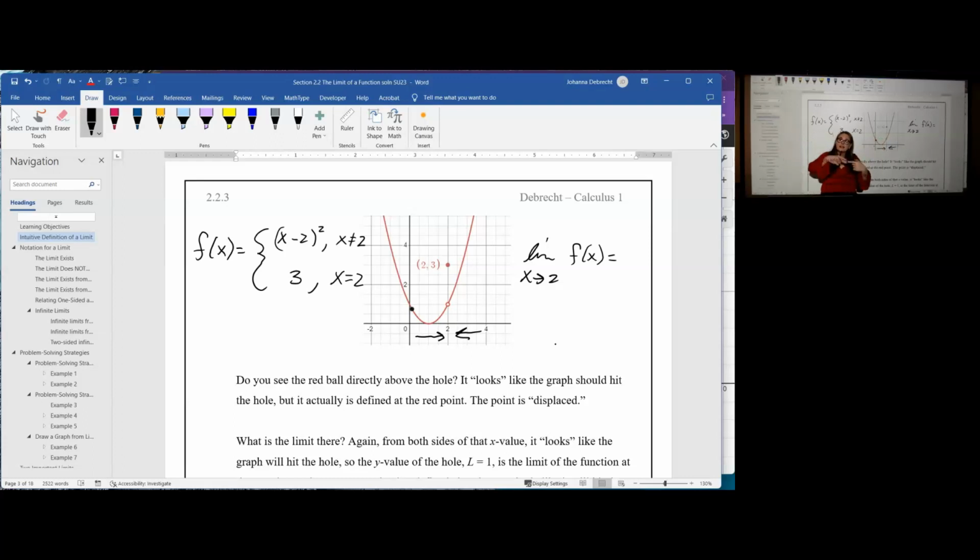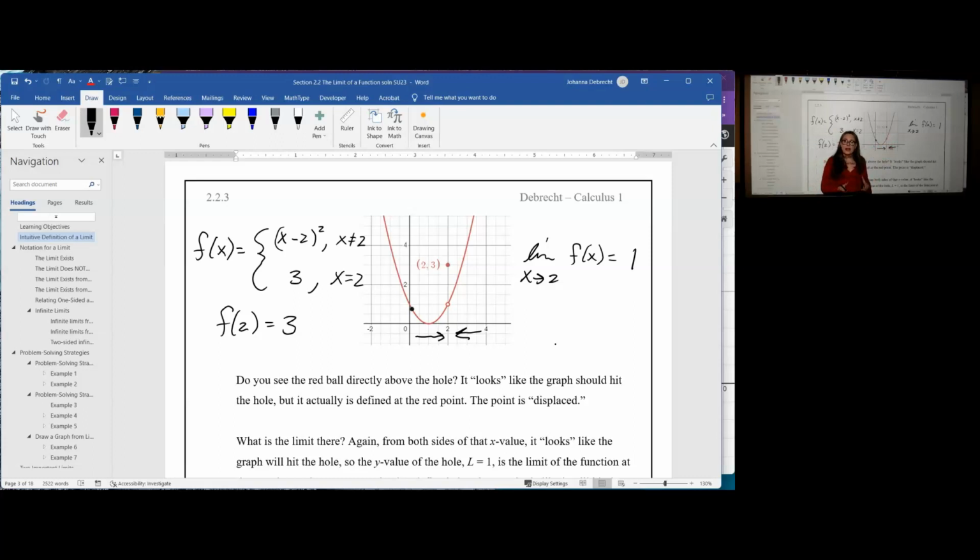The two sides agree, which means the two-sided limit, or the limit, exists, and it's 1. The fact that the function value, f of 2, is actually equal to 3, does not affect the value of the limit. The limit is what it looks like it's going to hit.